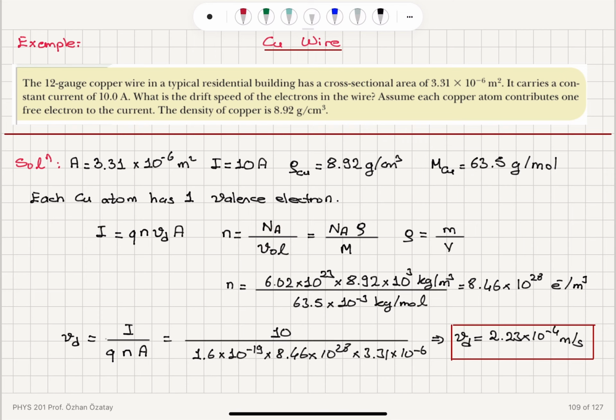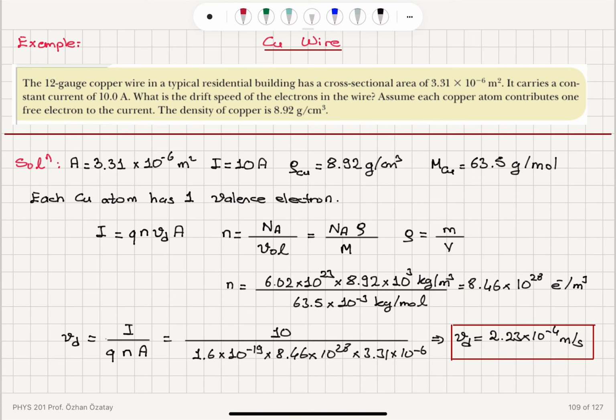If I multiply this by the density, Avogadro's number multiplied by density divided by the mass of 1 mole of copper atoms, M. So density multiplied with volume becomes molecular mass. It's mass divided by volume.